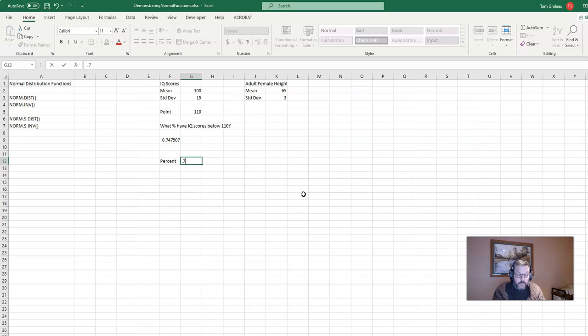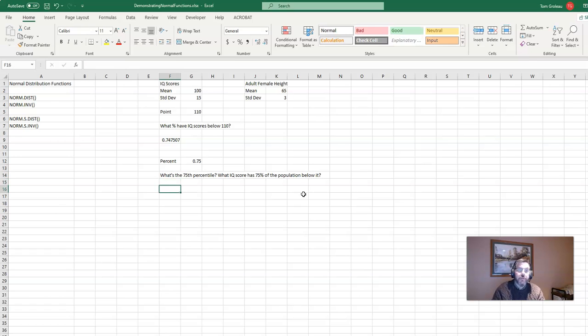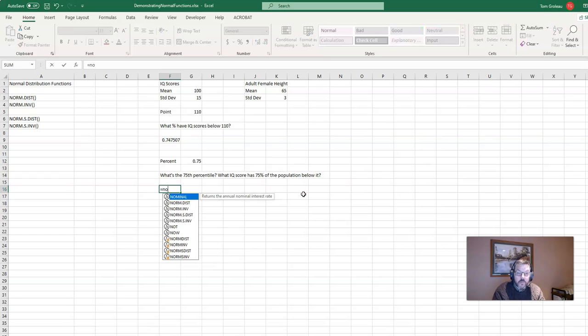And we also did it backwards. We could say, what's the 75th percentile? What IQ score has 75% of the population below it? A little bit awkward wording. And then that is the norm.inverse.